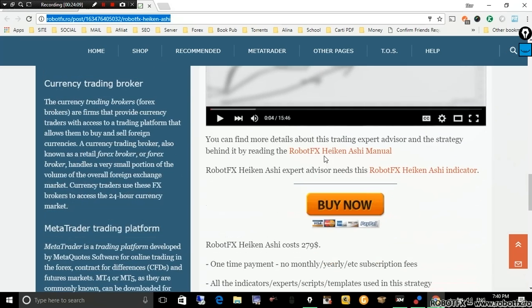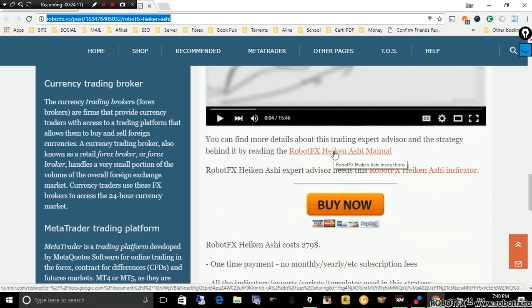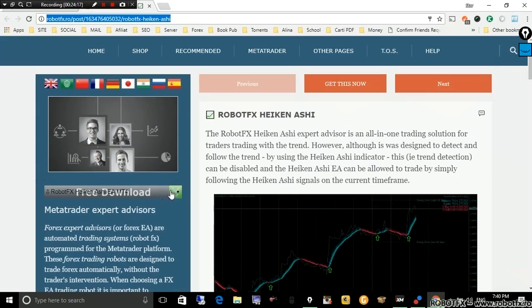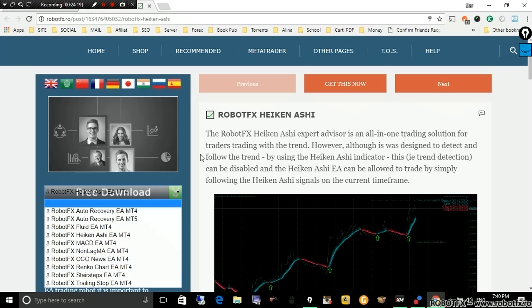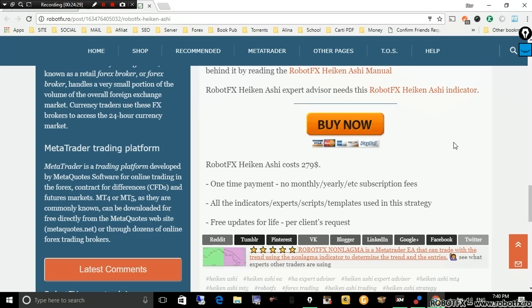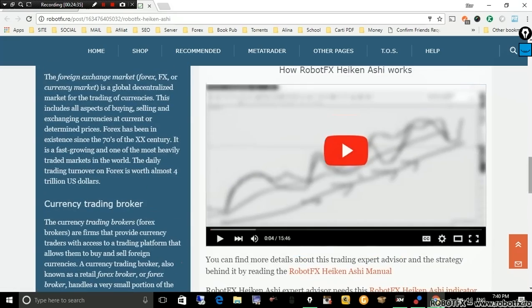Also read the Heiken Ashi manual. These are basically the settings explained one more time. And finally, download the expert advisor, the demo version. Do mind that if you are trying it on a live account, it will attempt to close your MetaTrader terminal. And also download the RobotFX Heiken Ashi indicator needed by the expert advisor to function.